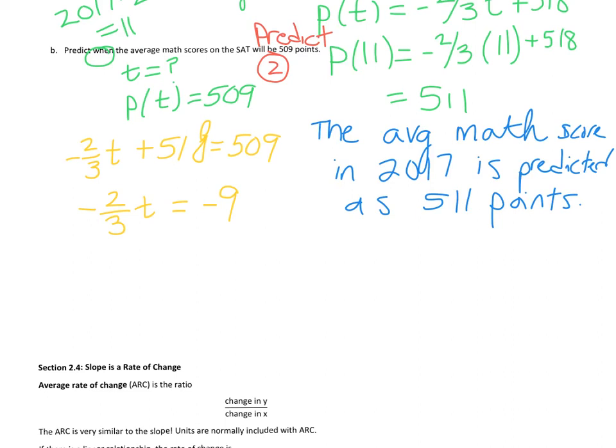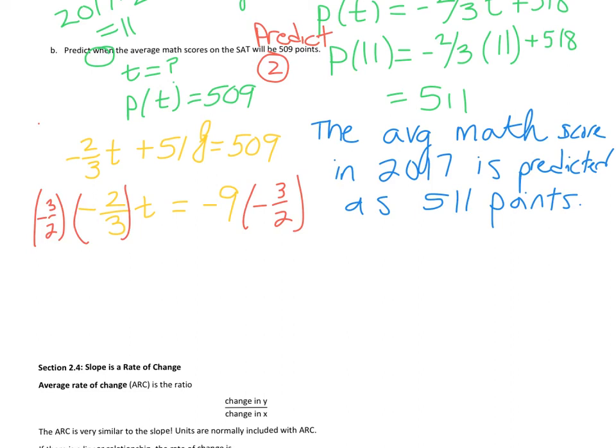We multiply by the reciprocal. So negative 3/2. Did I say negative reciprocal? I meant just the normal reciprocal.